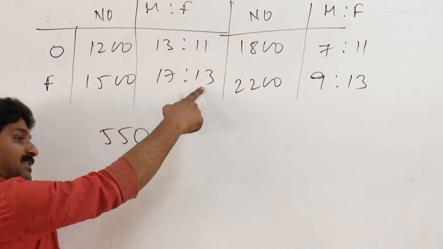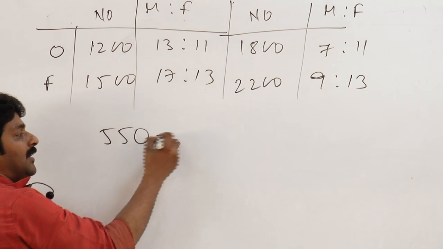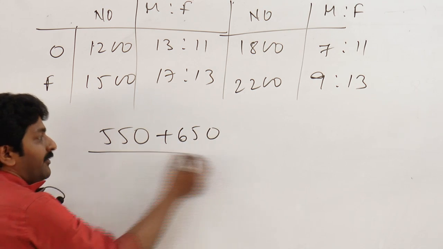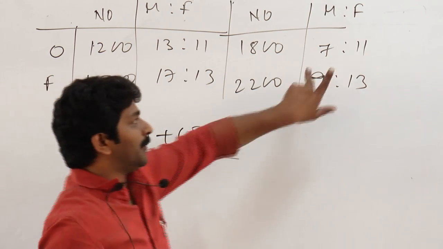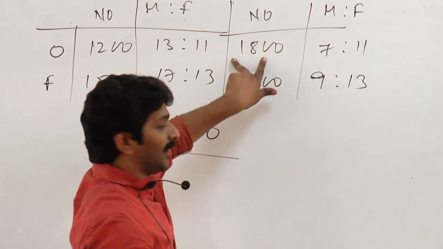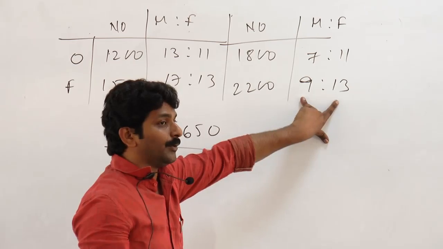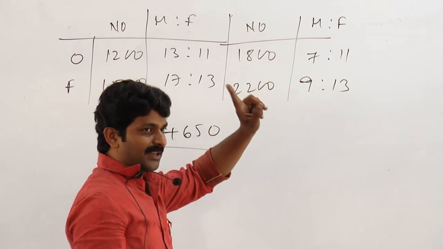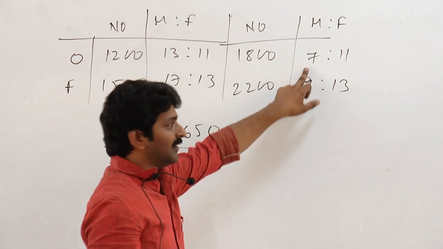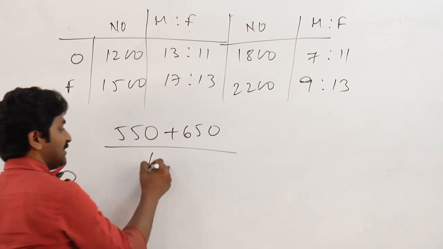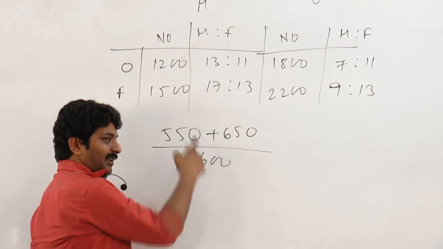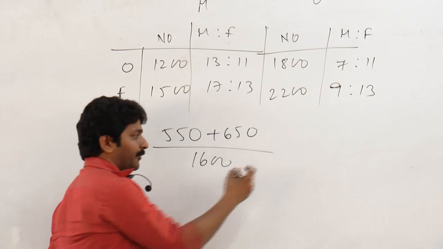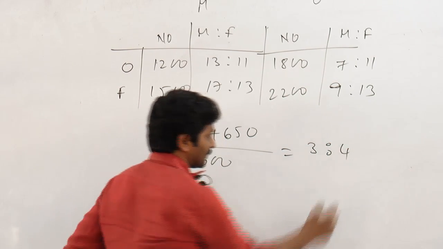Half of this number 6.5 into 100, 650. Female managers from finance. And total how many parts? 18, 1800. 22, 2200. Each part is 100 every time. So this is 700, this is 900. Total 1600. And this one 1200. 2 zeros cancel. 12 by 16, 3 by 4. Ratio 3 is to 4.